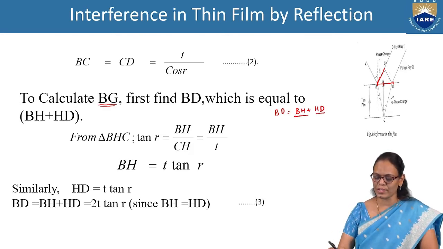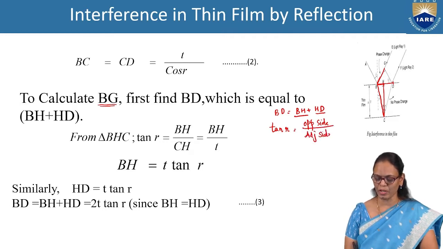We are going to consider this triangle BHC again, the same triangle. Now we will write tan R. What is tan R? Tan is always opposite side upon adjacent side. Which is the side opposite to R? It is BH.